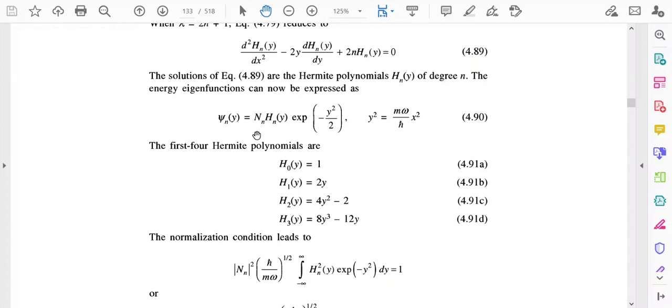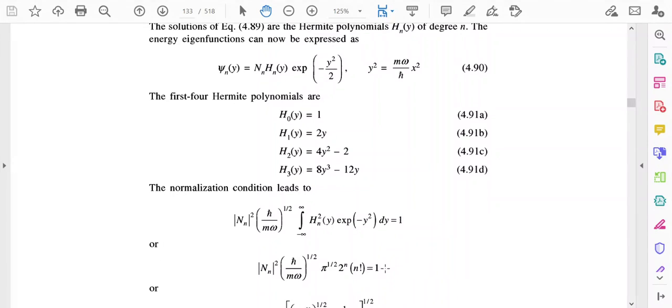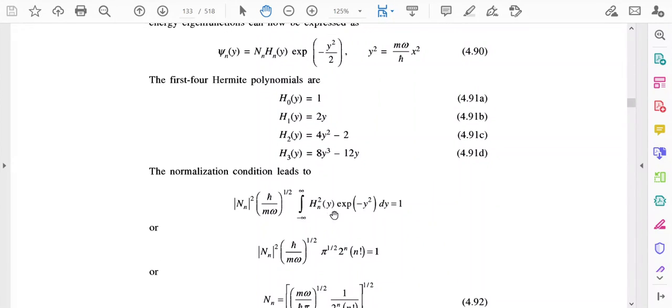So if you normalize this function, you will obtain the integral from minus infinity to plus infinity, with the constant term taken outside of the integration, and the integral is H_n square(y) e to the power minus y square dy equal to 1. So this is the normalization condition. From it, the value of the integration will be root pi 2 to the power n factorial.